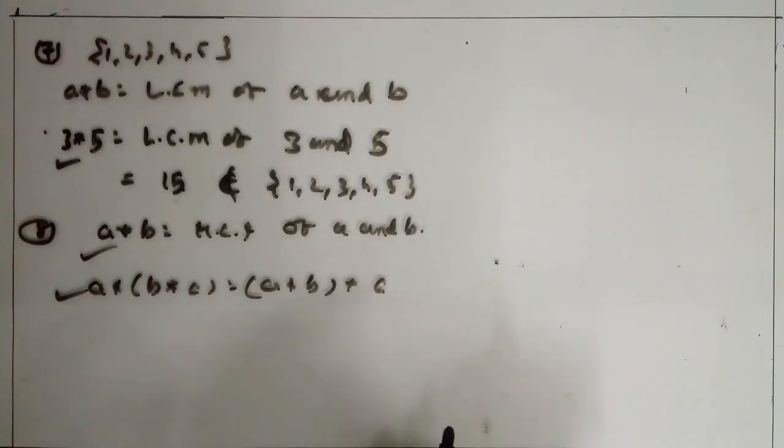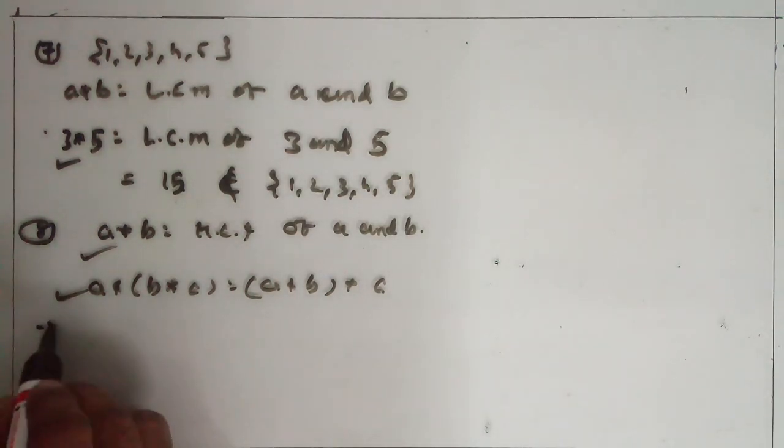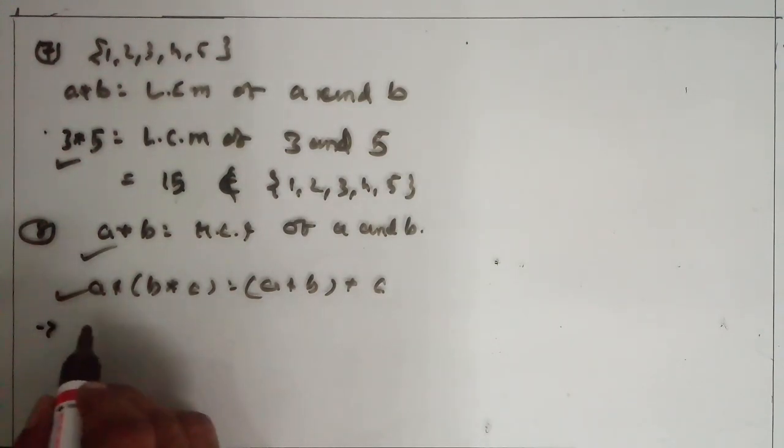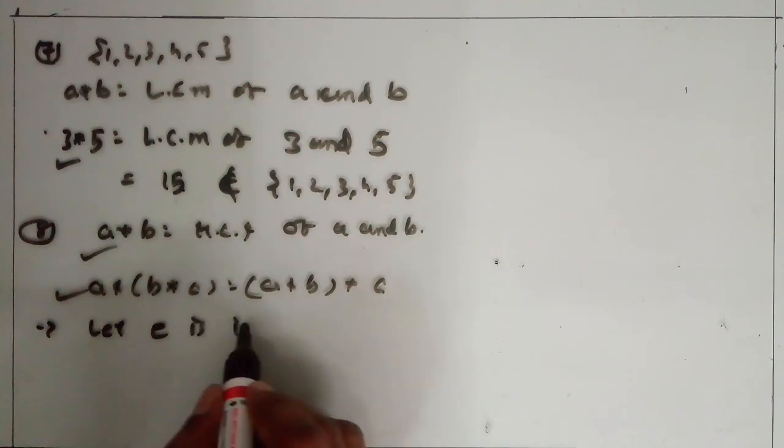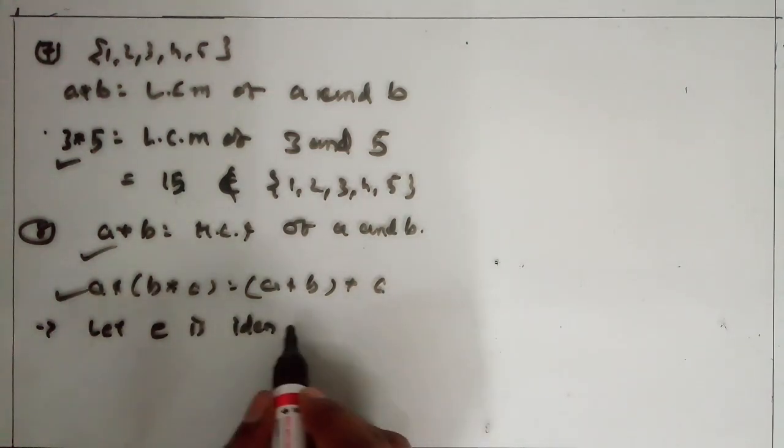Now here we think about the identity for this star operation on the set N. Let E be the identity. First suppose this.